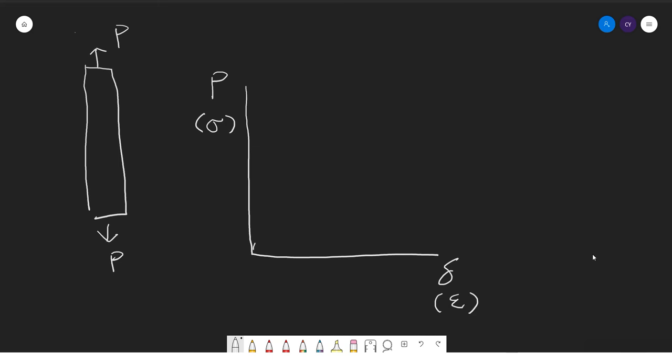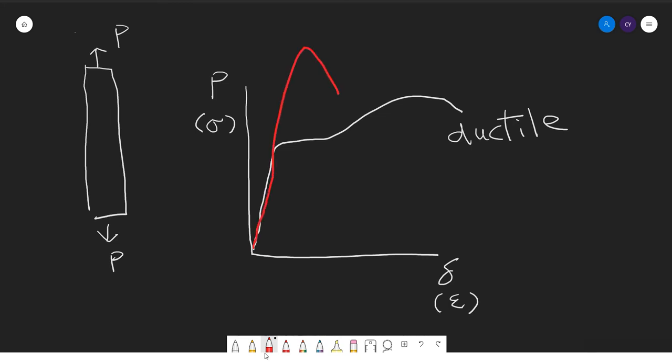If the material behavior looks like this, we say this is a typical ductile material. And if the behavior looks like this, we say this is a brittle material.